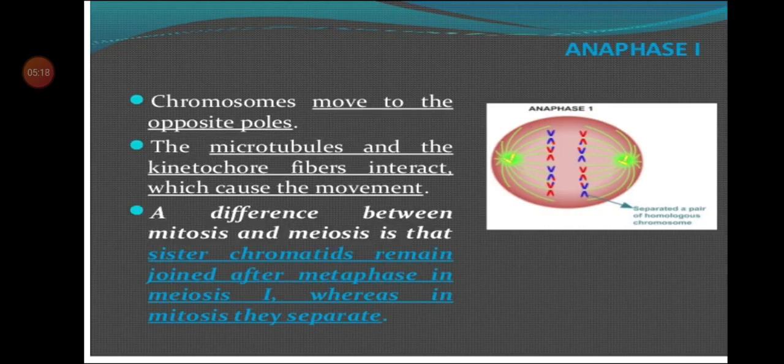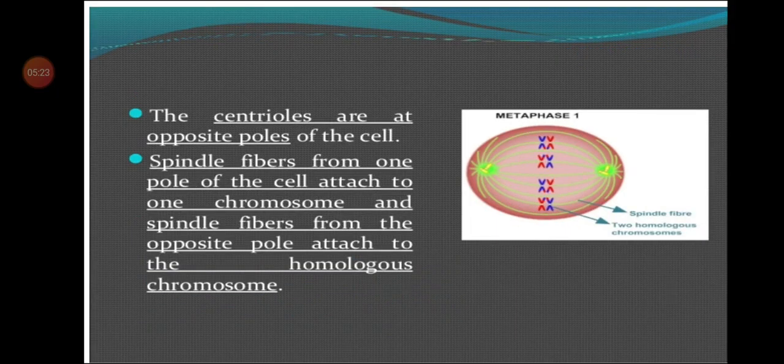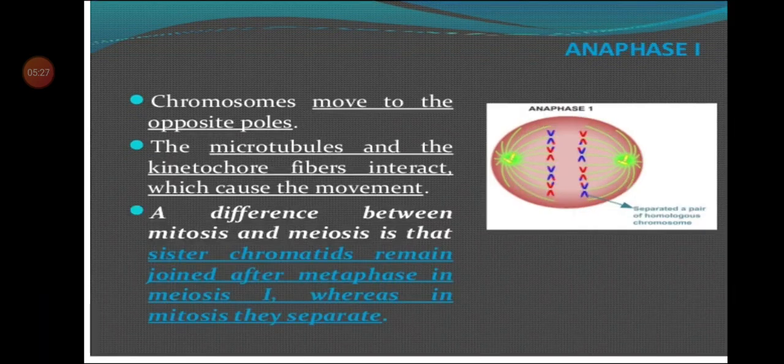What is happening in this phase? Homologous chromosomes are pulled away from each other. You can see here the homologous chromosomes were at the equator, and in this stage these homologous chromosomes are pulled away from each other and carried towards the opposite poles. These are the two poles.